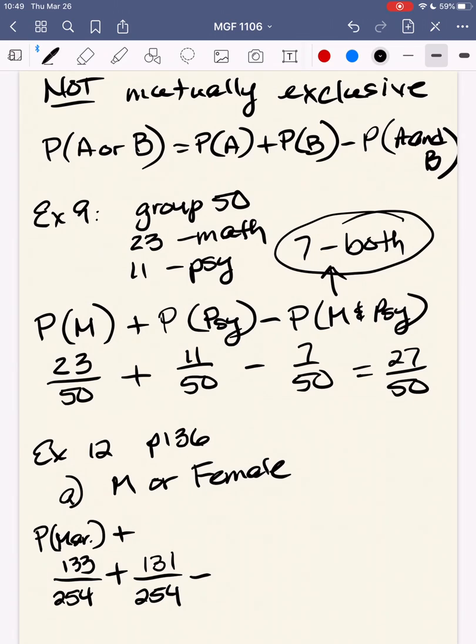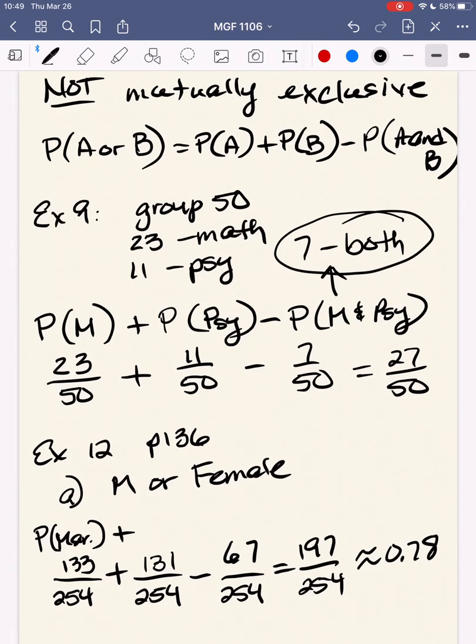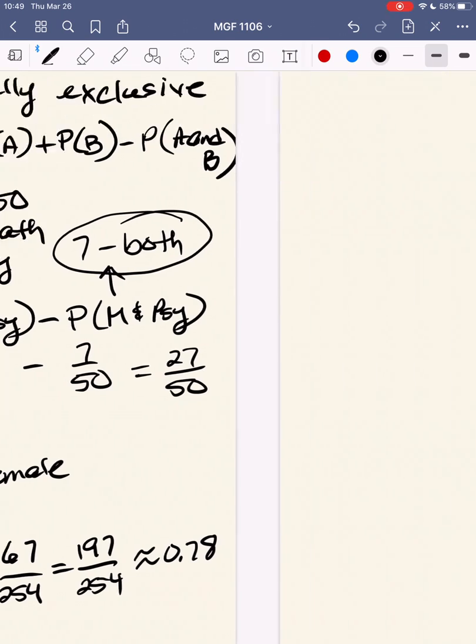If you go to the first column, second row, 67 is the number of females that are married. So we have to exclude those and subtract them over my 254. When I put this in my calculator, I get 197 over 254, and this is a simplified fraction. They also asked for a decimal rounded to two places, so it's 0.78.